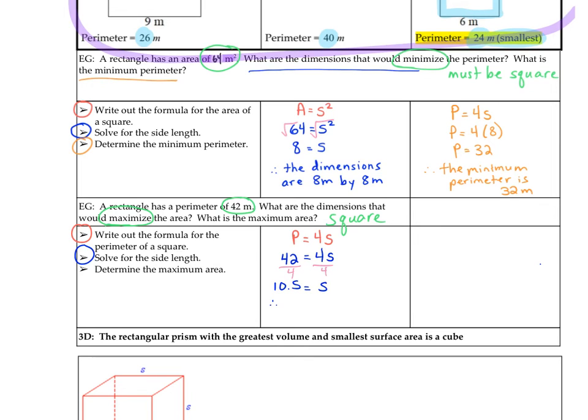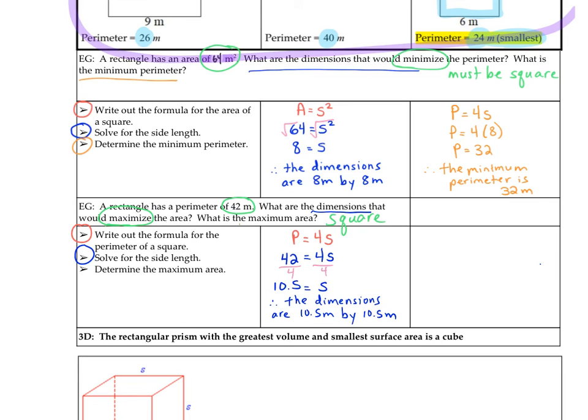So therefore, the dimensions are 10.5 meters by 10.5 meters. So that gives us the dimensions.